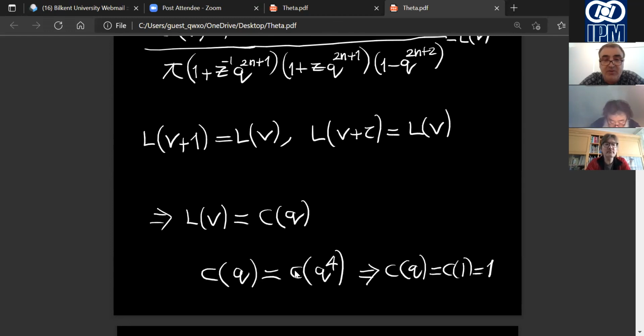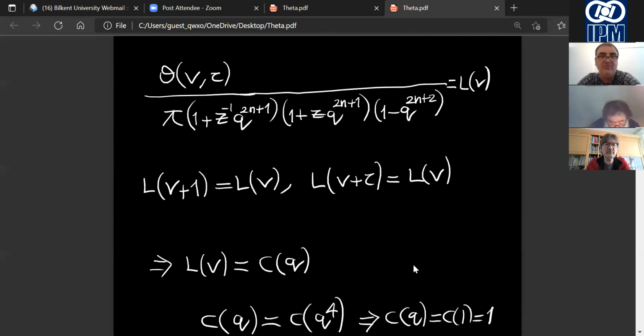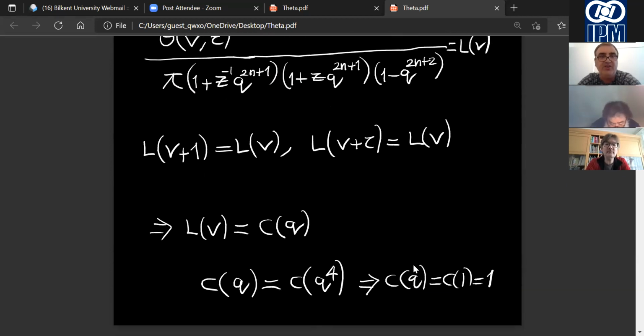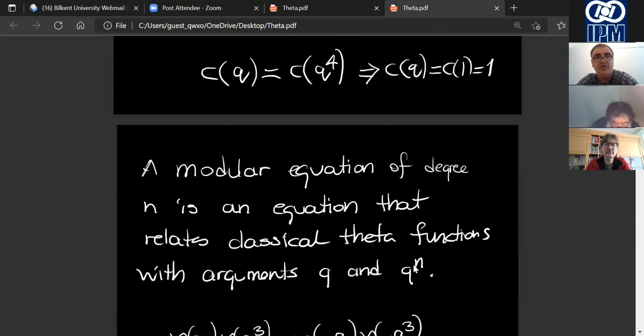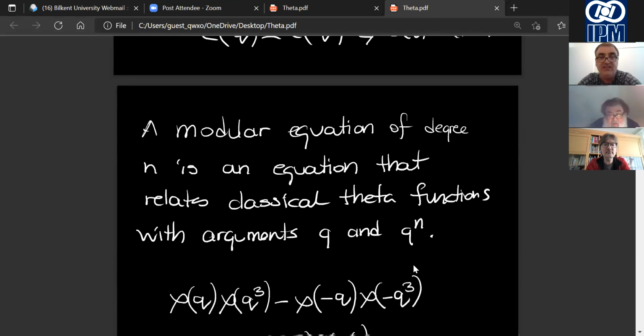So you repeat this and you get q to the infinity, which is 1. So C of q equals C of 1, which is 1. So you show that the constant is 1. If you look at ratios of theta functions, they will be periodic functions, so proving identities will be a lot easier that way.